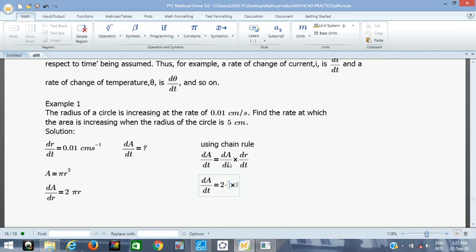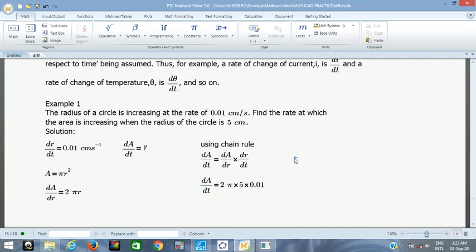But let me just put the pi there. If you are leaving your answer in terms of pi, it will now be 2 pi times the radius, which is 5, then times dr/dt. What is dr/dt? Look at it here, 0.01. So that is all. Then multiply, you get your answer.